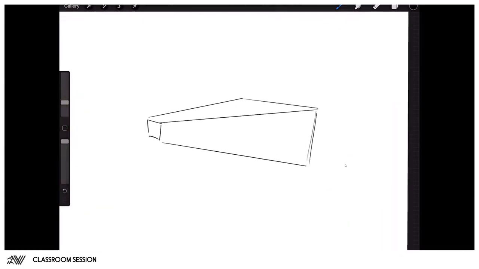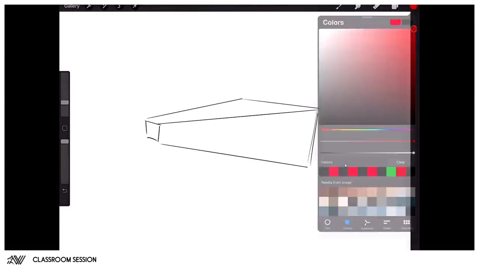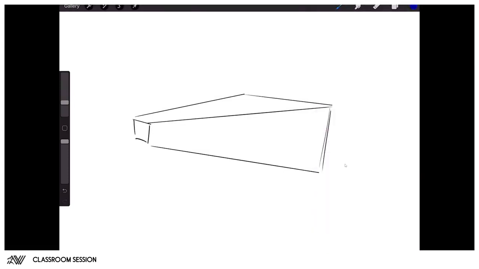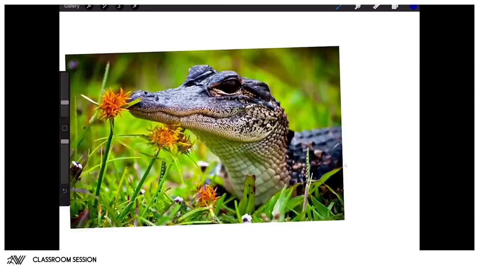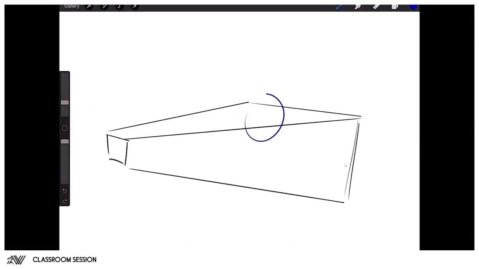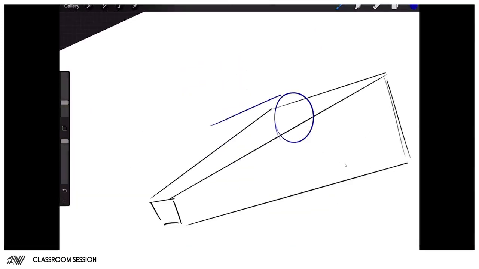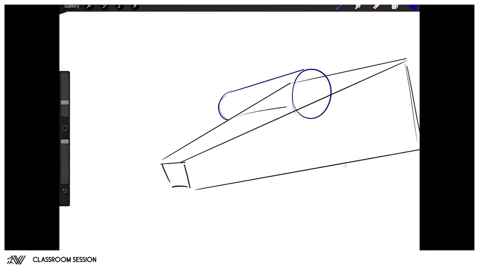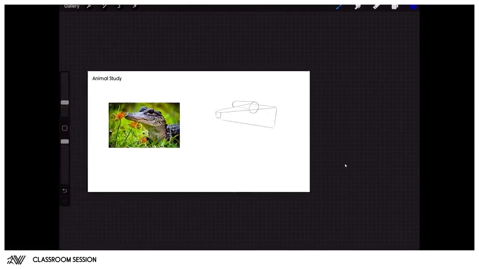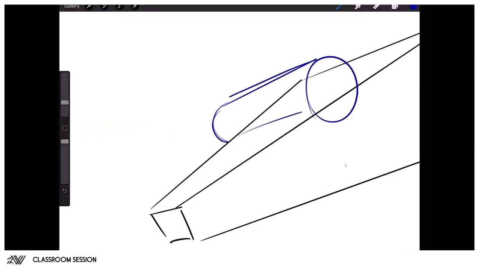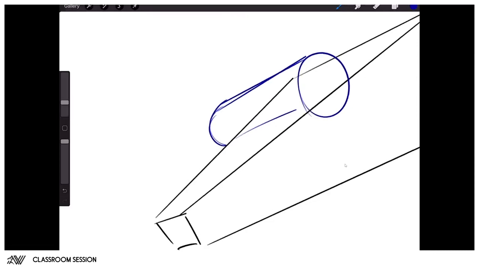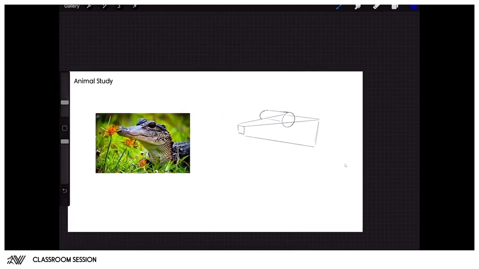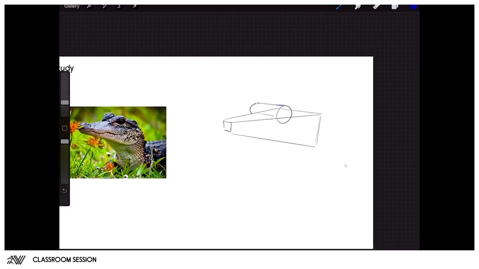Right. And then we have that cylinder. I'll do that in another color. So that's basically the eye sockets. It's going to be even a little higher. Yeah, that's sitting on top like that. All right, so that's my most basic shape for this crocodile.